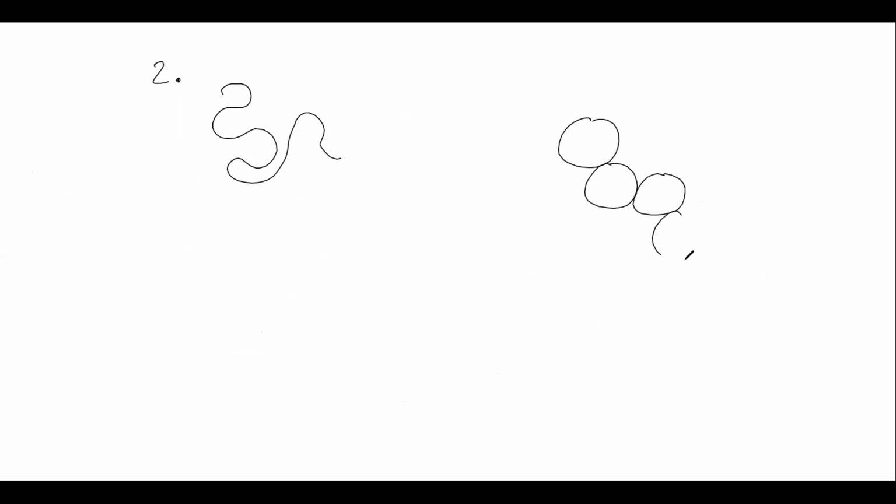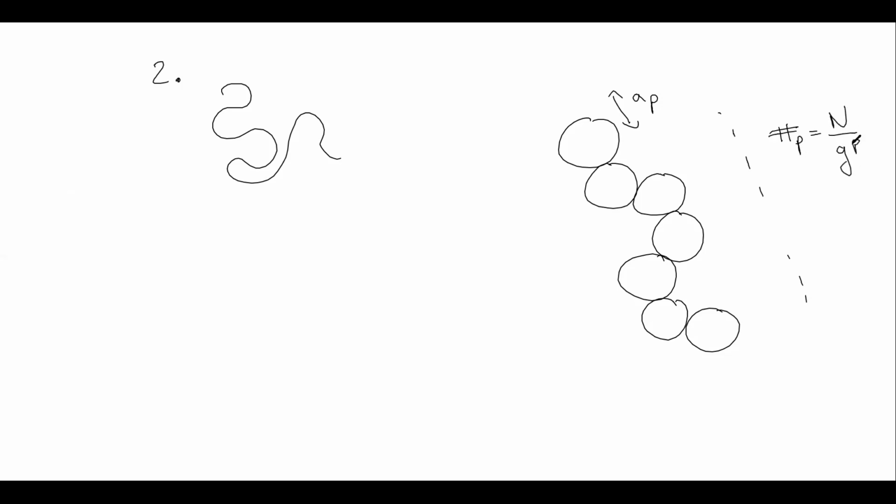So I could really have said things in a similar fashion, that now instead of having this real polymer chain, I have now a polymer problem with monomers that have a certain size AP, whose total number is, let me remember, the notation was N over GP. I have a certain number of objects.